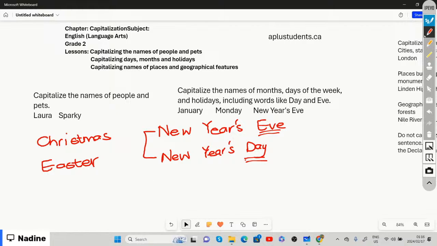And then even Good Friday, like when we have Easter, then even if we made mention of Good Friday, which is a holiday, then we need to capitalize Good Friday, right? It needs to be capitalized, and that is the Friday before our Easter Sunday.